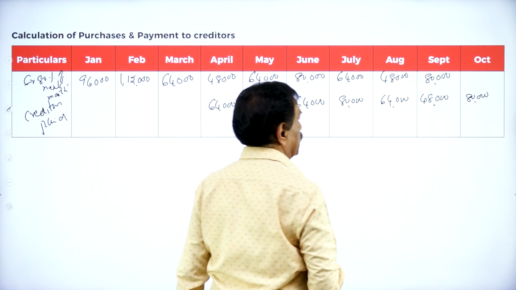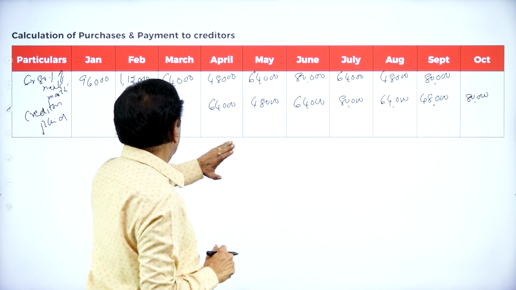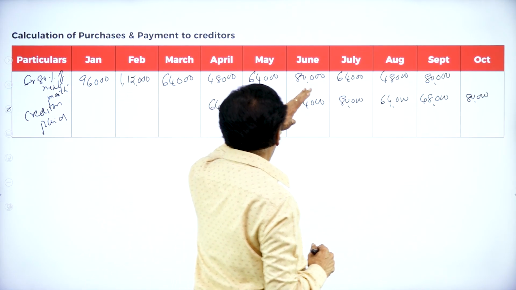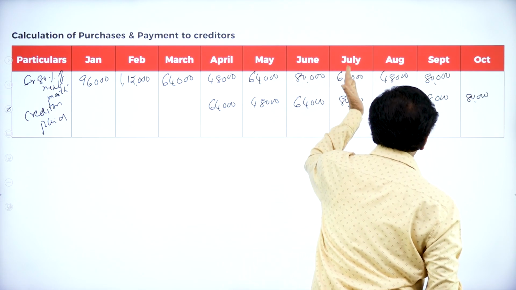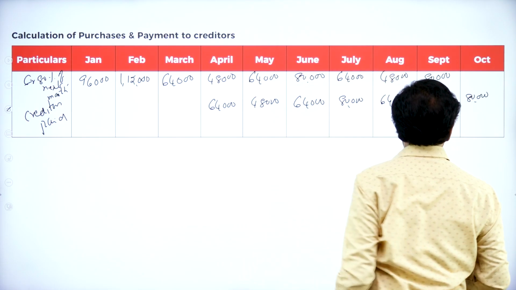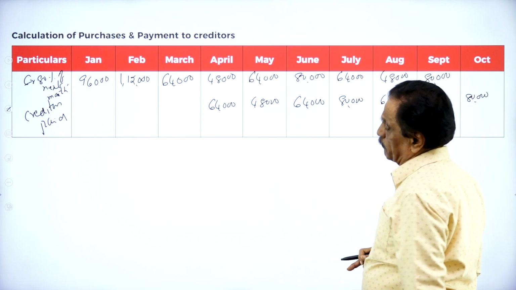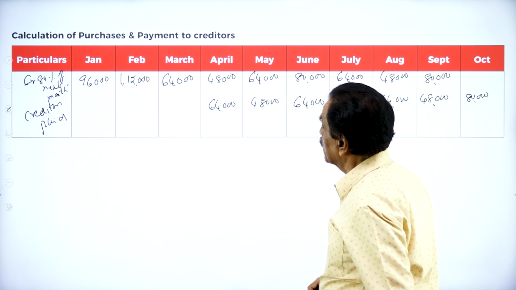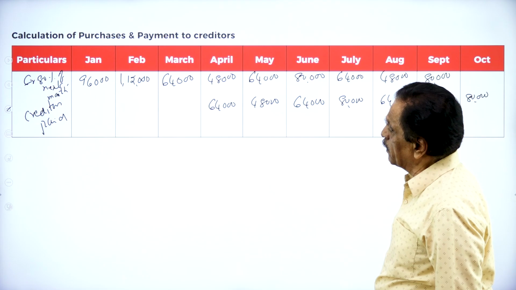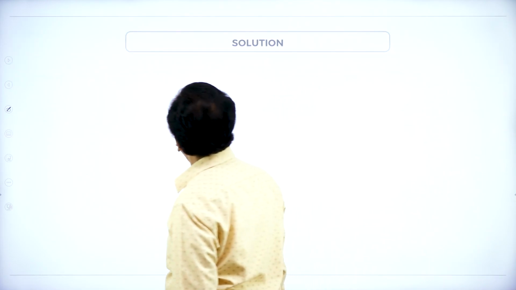It will go like this. But we are doing April too. So March in April, April in May, May in June, June in July, July in August, August in September, September in October. We want for which month? April to March. Okay, we'll start now.